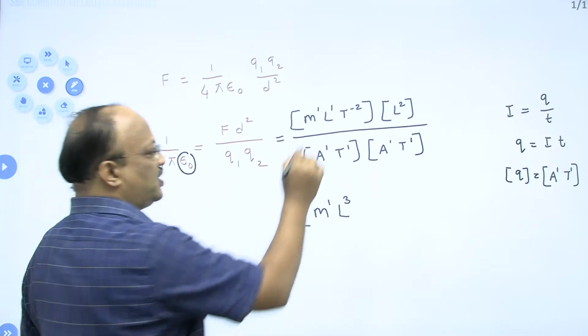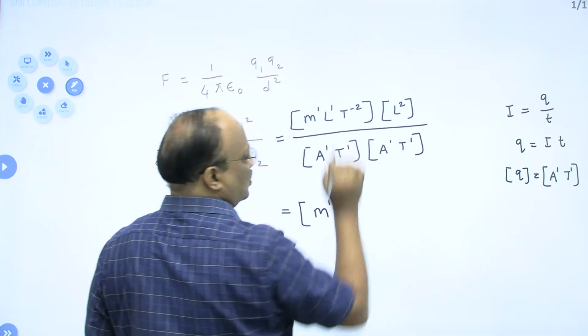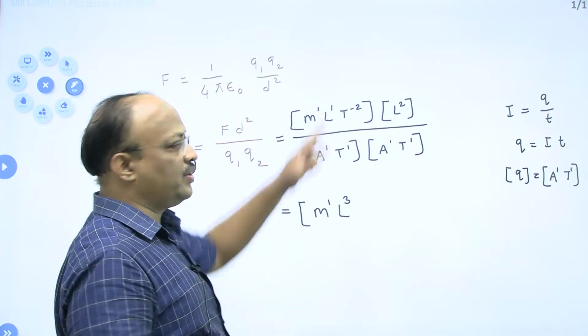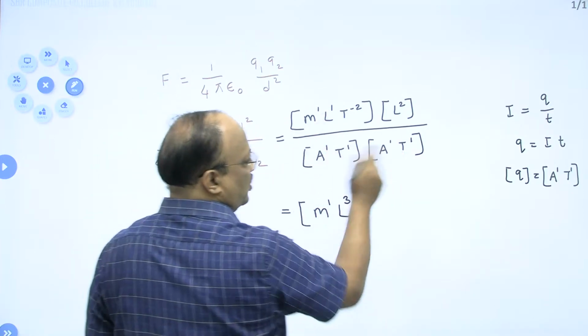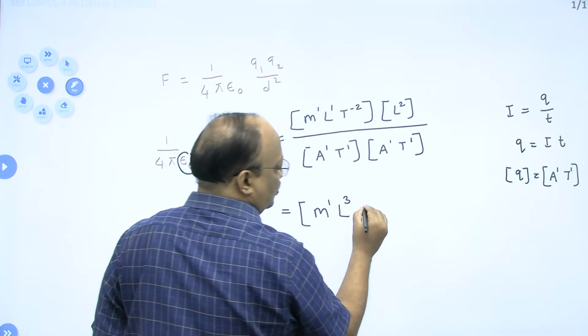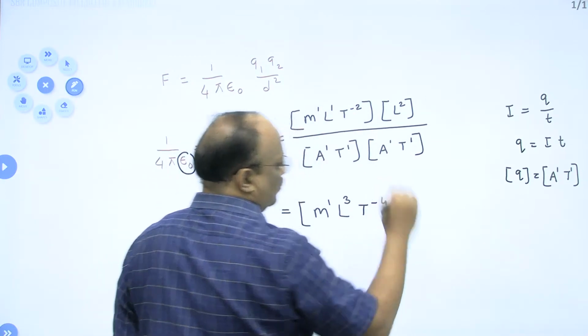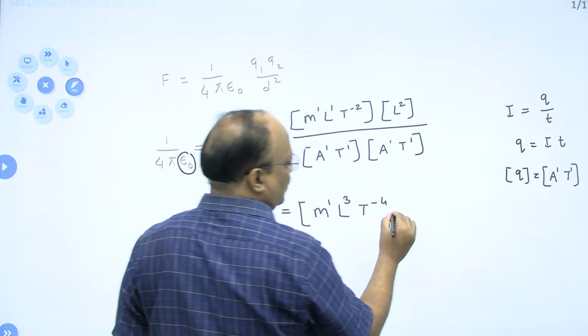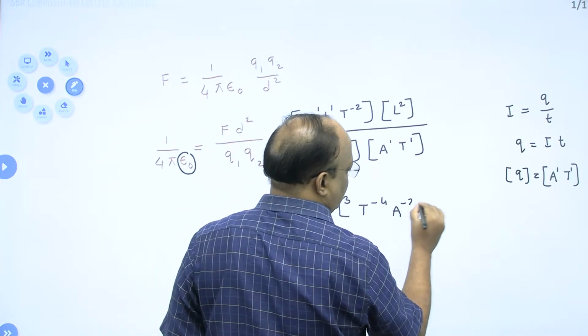This length and this length, so minus 2 here, and for T, if they go up, minus 4, and this is minus 2.